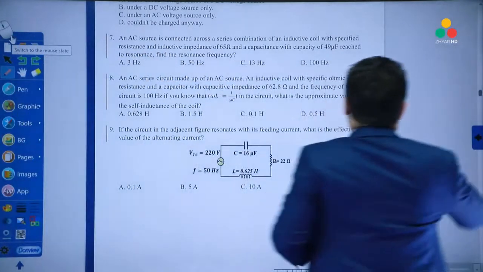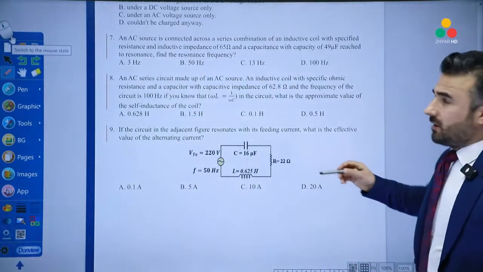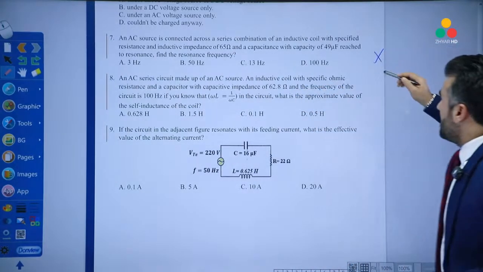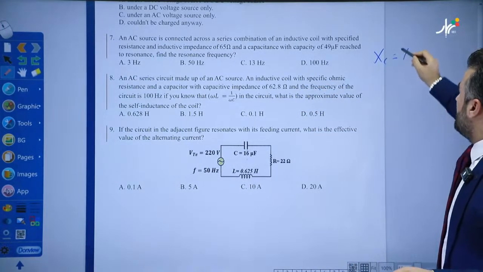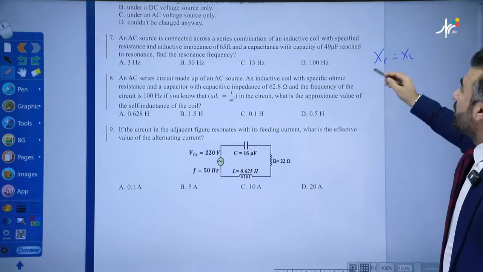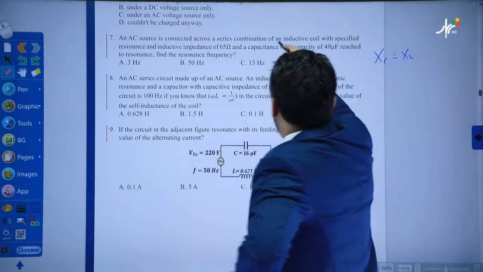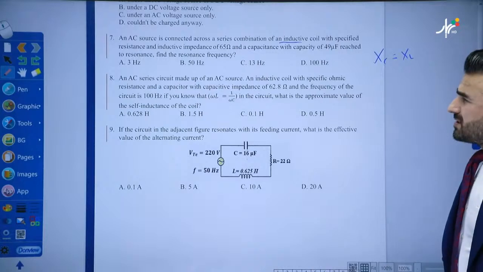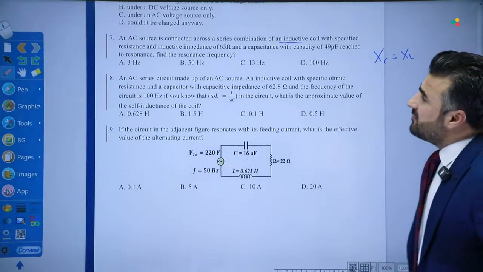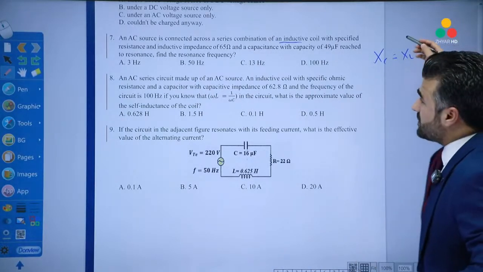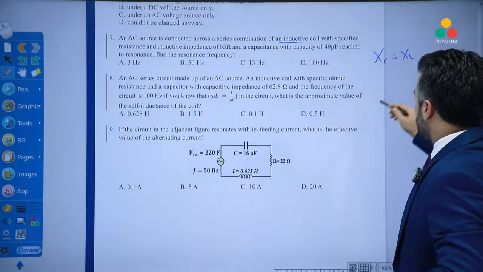We said that, okay, finding the resonating frequency here, of course, XC is equal to XL in here. But remember, XL is given to you because it says an inductive coil with specified resistance and inductive impedance here. So the XL is given, which is 65 here.